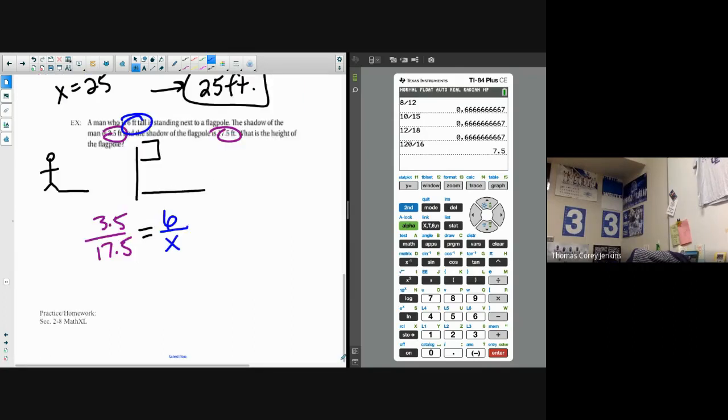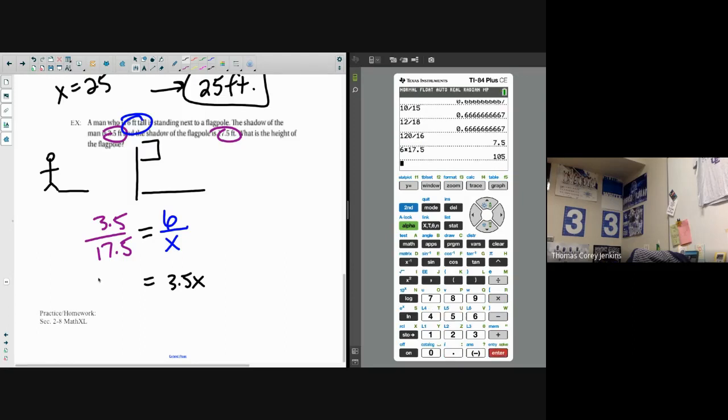All right, so let's see. Start to solve. We get 3.5x equals whatever 6 times 17.5 is. Looks like 105.